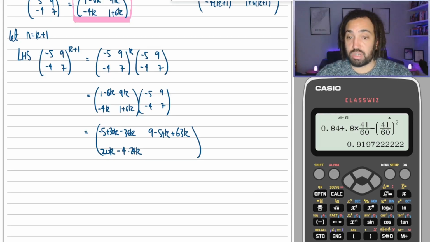Okay, now bottom right is minus 4 times by 9, which is minus 36k, and then 1 times 7, and 6k times 7 is 42k.